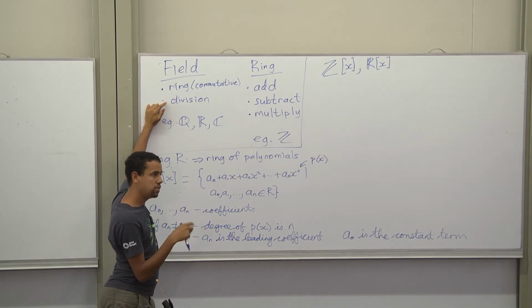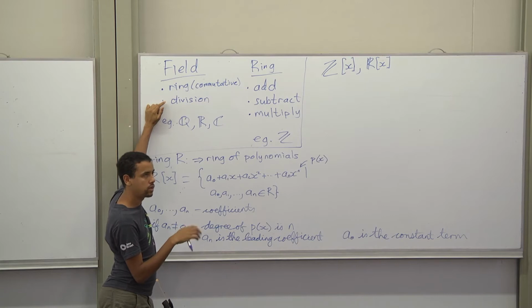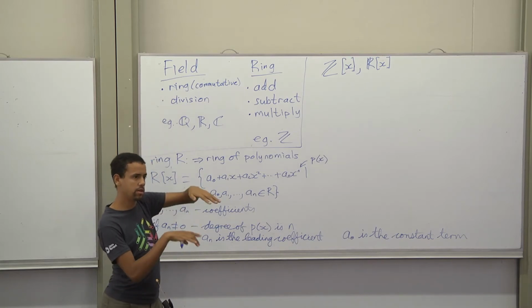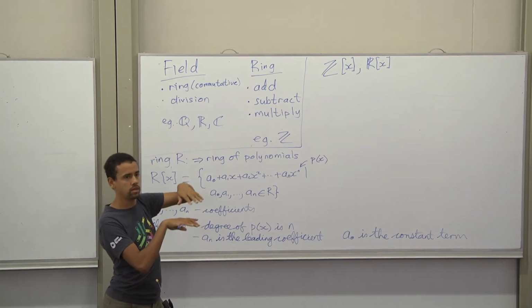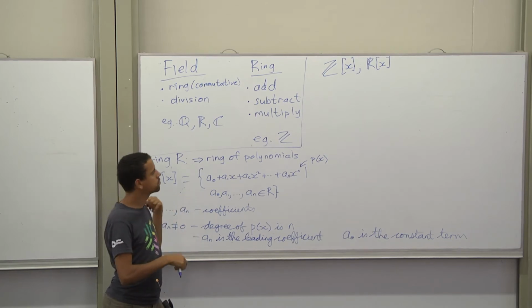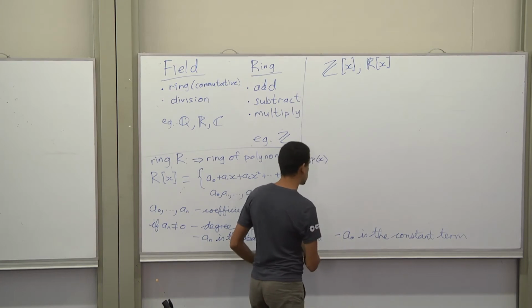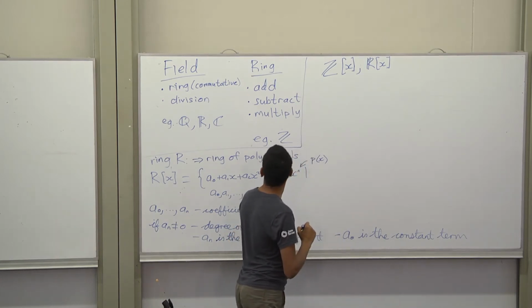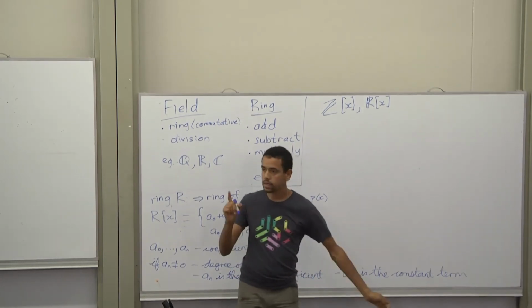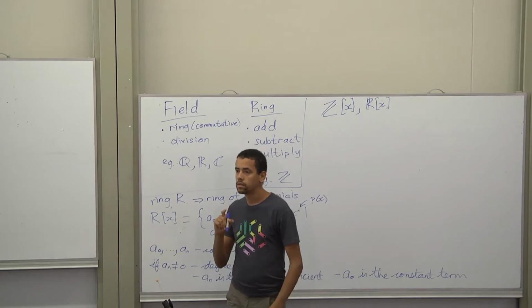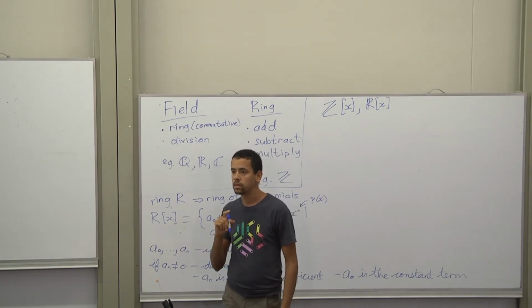But if you go to a bigger set, the set of all rational functions, which is basically polynomial divided by polynomial, then that is a field. Liam, yes. For fields, you said dividing any two numbers. Except for 0. Okay, so you consider none. Yeah.